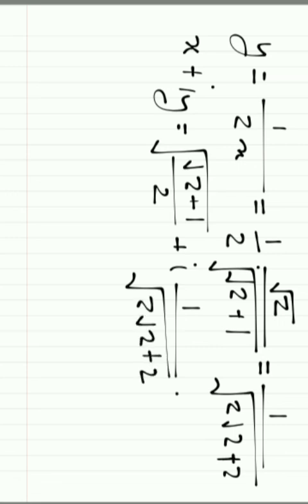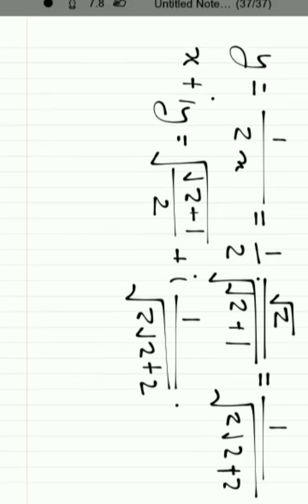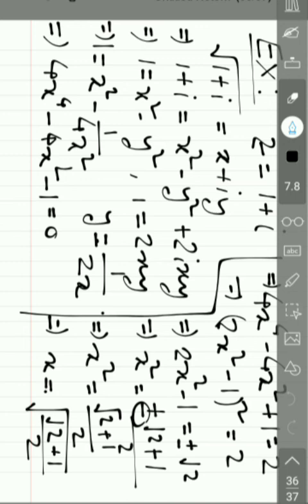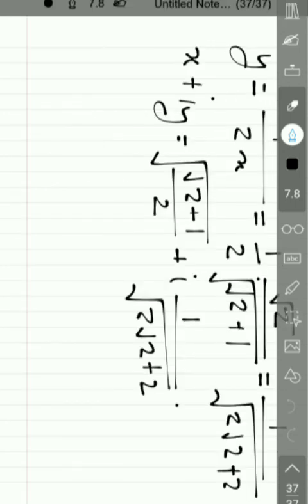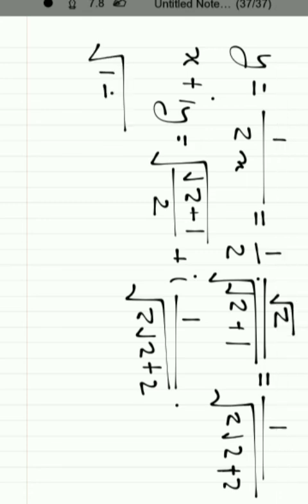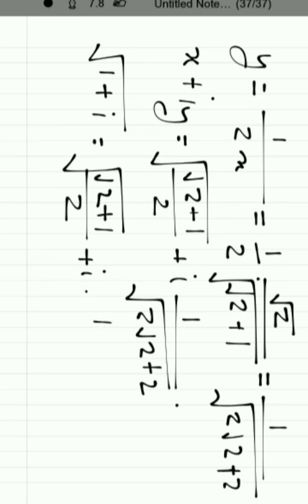So this is our square root for the complex number 1 plus i that we can do easily. So then we can say that root over of 1 plus i is this number.